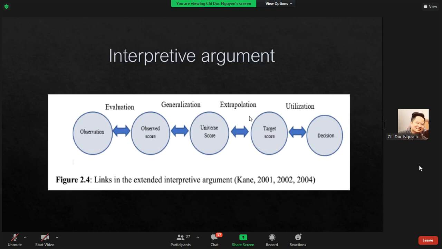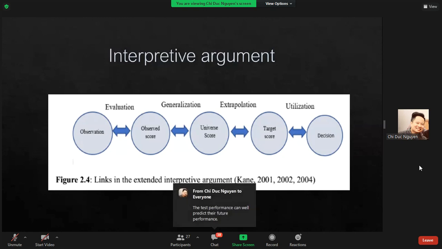Another one is about extrapolating, which is related to the next claim. The claim over here is that the test performance can well predict their future performance.